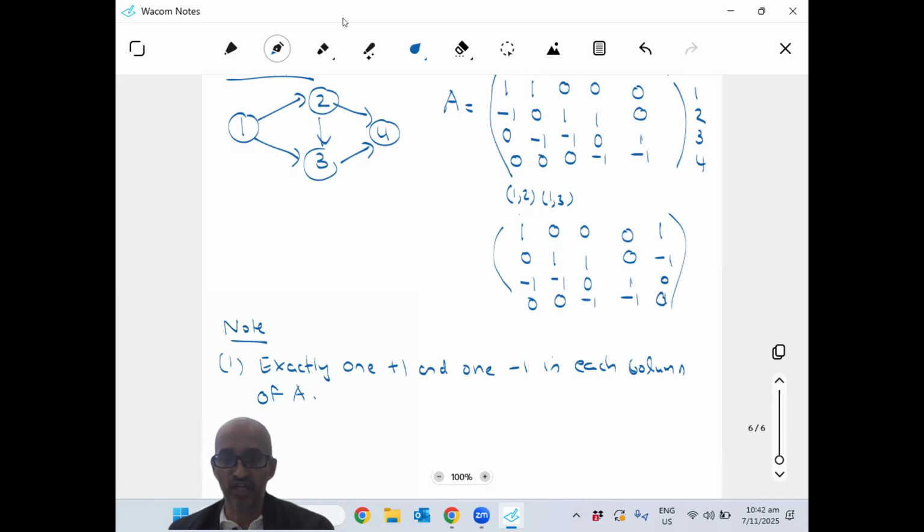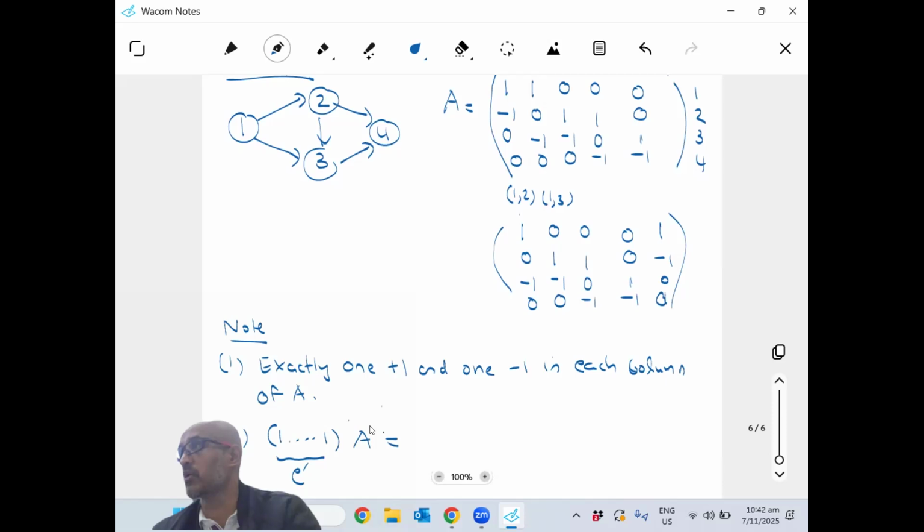Let's take the vector of all ones, as many as the number of nodes, and pre-multiply it with A. Suppose you take 1, 1, 1, 1 and pre-multiply with A. It'll be 1 times 1 minus 1 times 1, which gives 0.